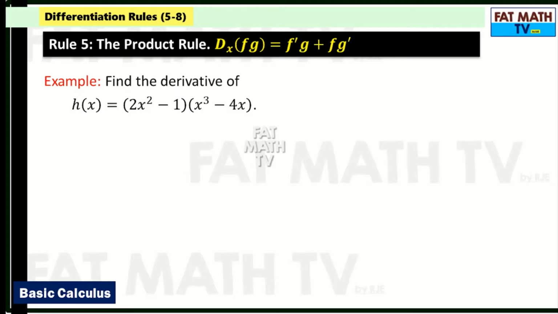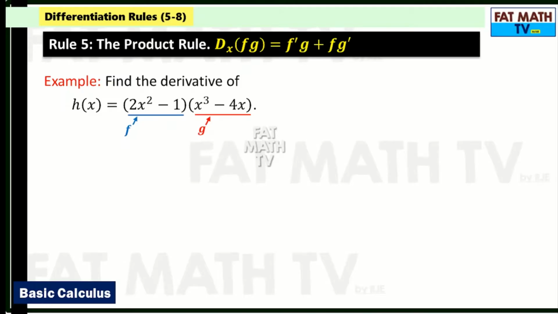For example, find the derivative of h of x equals 2x squared minus 1 times x cubed minus 4x. So this is our f and this is our g. So how do you get the derivative of this function? As it says, first, get the derivative of f, multiply it by g. What is the derivative of f?